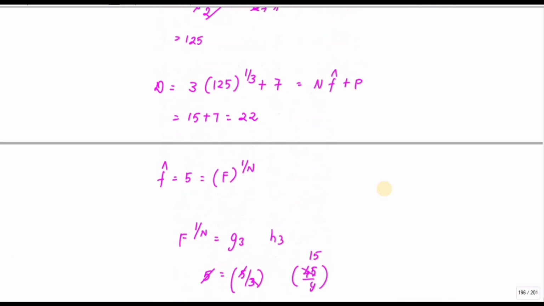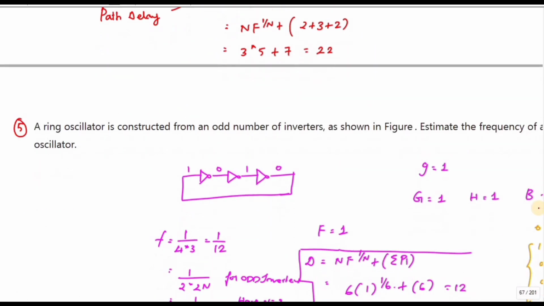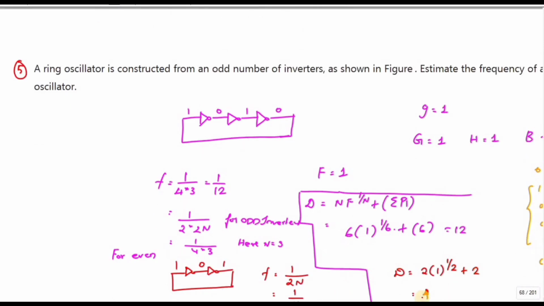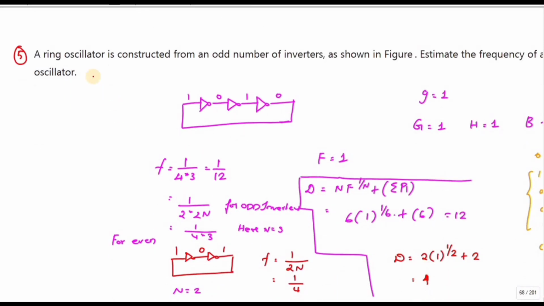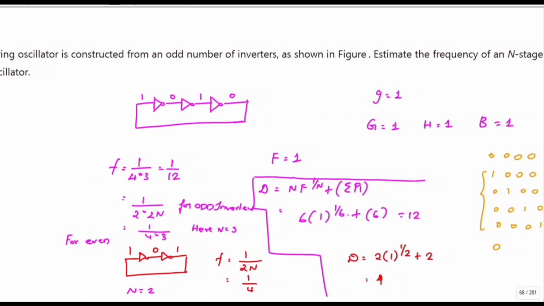So next, let me go for the question. They are asked you to construct a ring counter with an odd number of inverters. So estimate the frequency of an n-stage ring oscillator. So this is my question. So they have given, this is my circuit diagram.